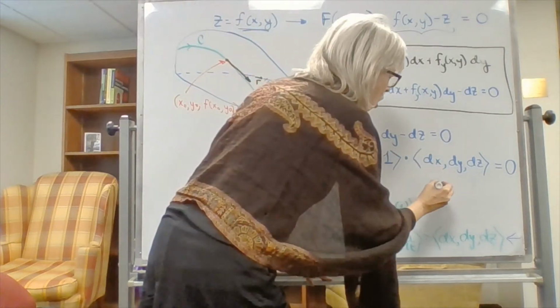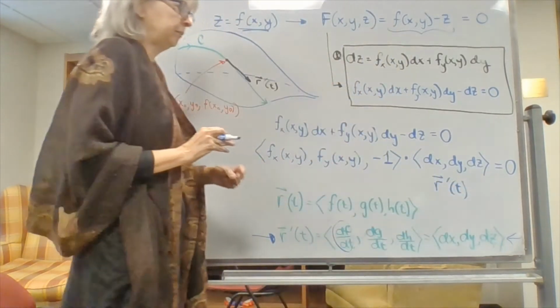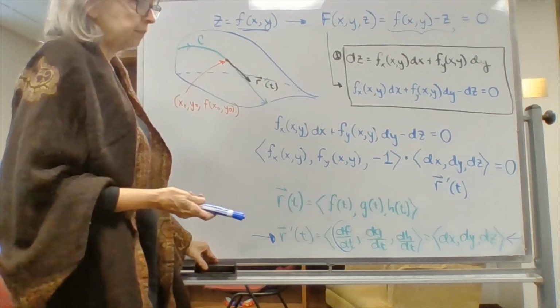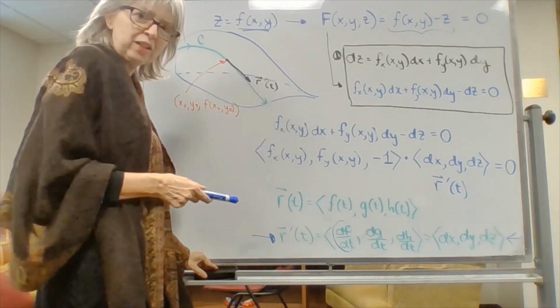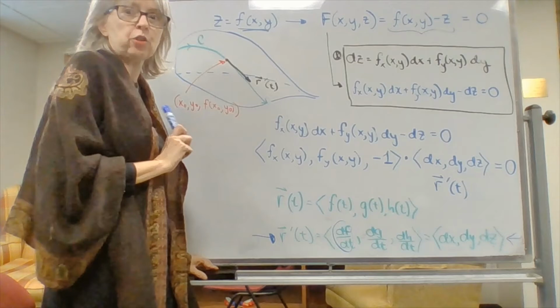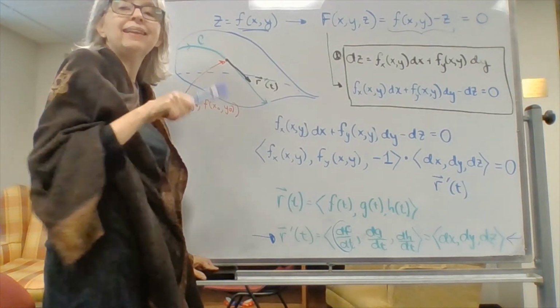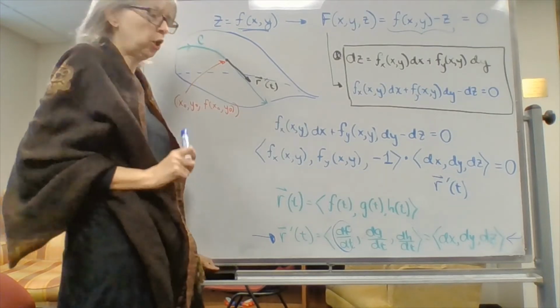This is r prime of t. It is a tangent vector. It's a tangent vector to my curve that I drew that lives on my surface, therefore a tangent vector to my curve.